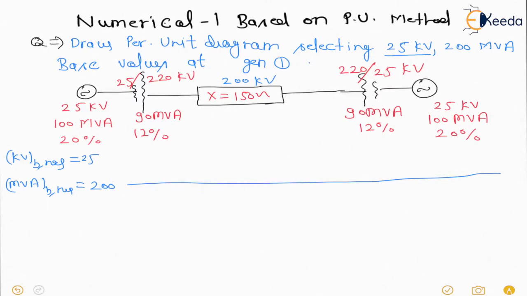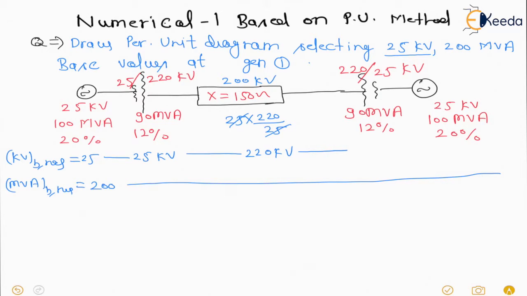Now what will change? The base voltage value will change according to the transformation ratio. The base value at generator 1 is 25 kV, so at this generator it will be the same. It will change when we go to the other side of the transformer. So for the transmission line, it will be according to the transformation ratio: 25 into 220 upon 25, 25 cancels out and it will be 220 kV.